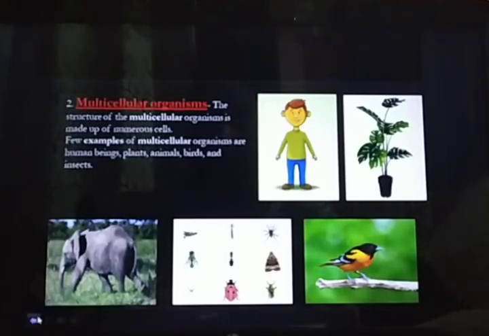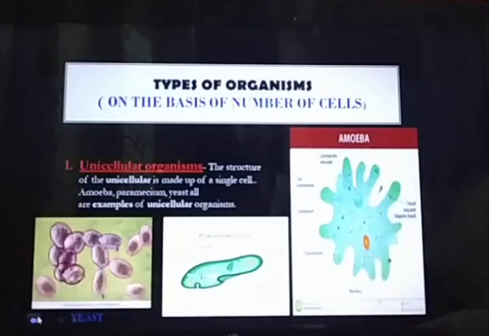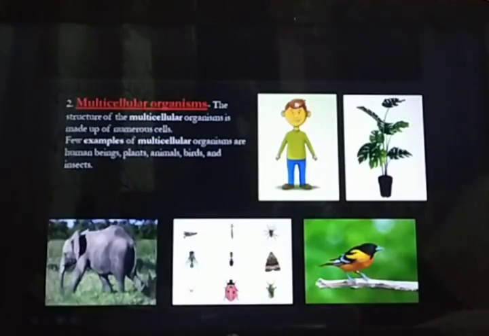One more difference between multicellular and unicellular organisms is that in a multicellular organism the brain cells work differently. They have a specific work. The heart cells work for a different thing. The stomach cells work for a different thing. So the labor is divided among different types of cells.